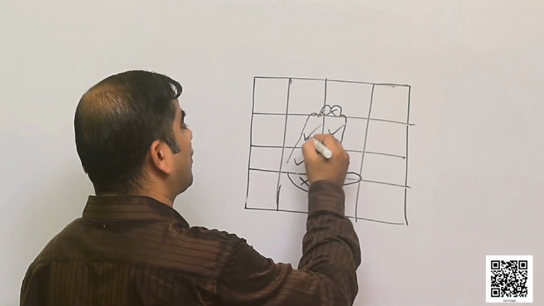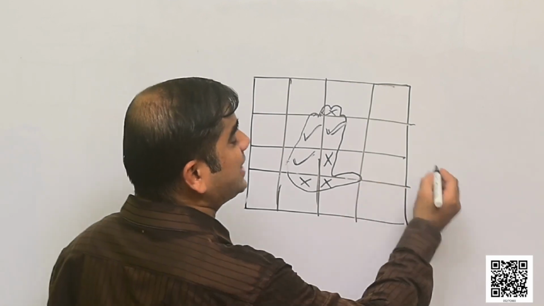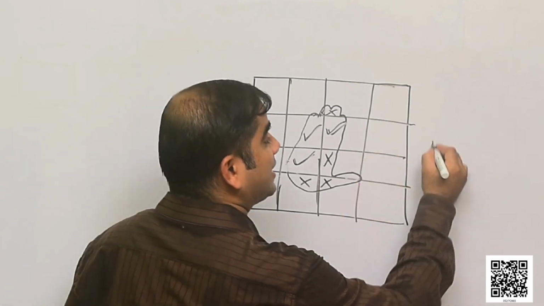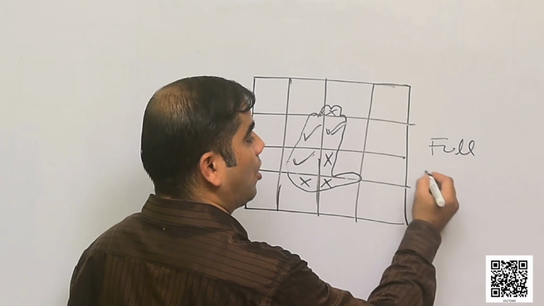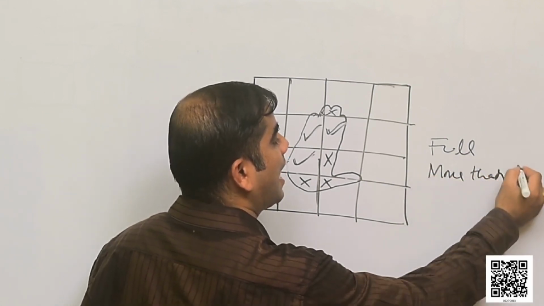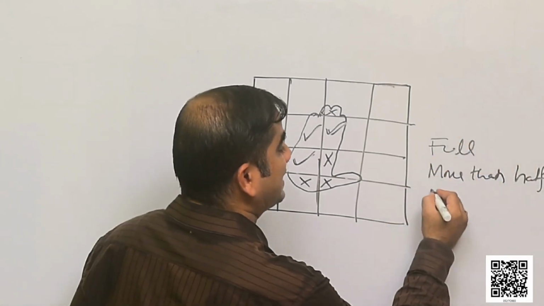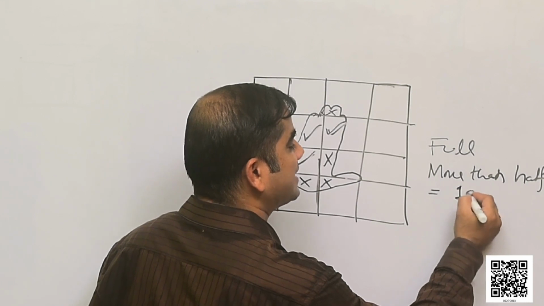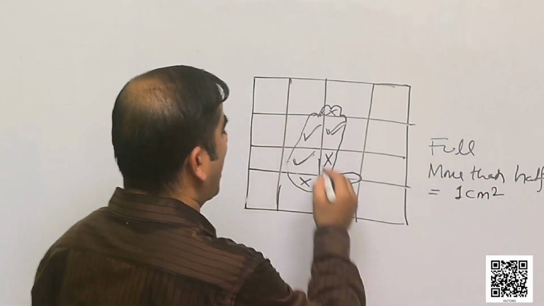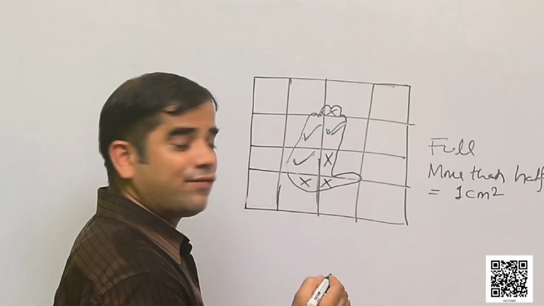So I can go for these three squares, and each square, either a full square or more than half, is taken as 1 centimeter square. So I have 3. So what should be the area of my palm?